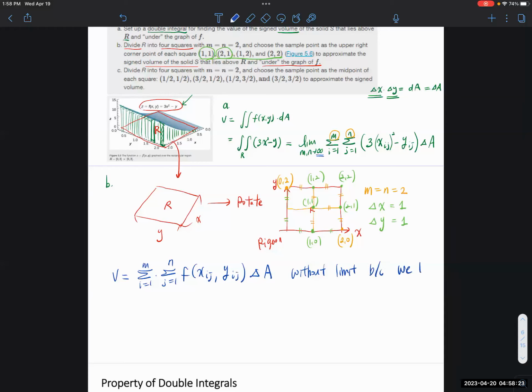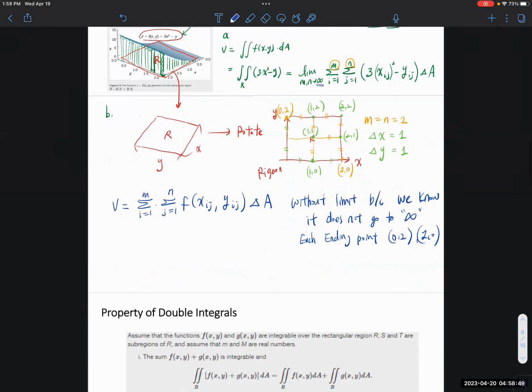because we know it does not go to infinity. We know each ending point is a given. One is 0,2, another one is 2,0.